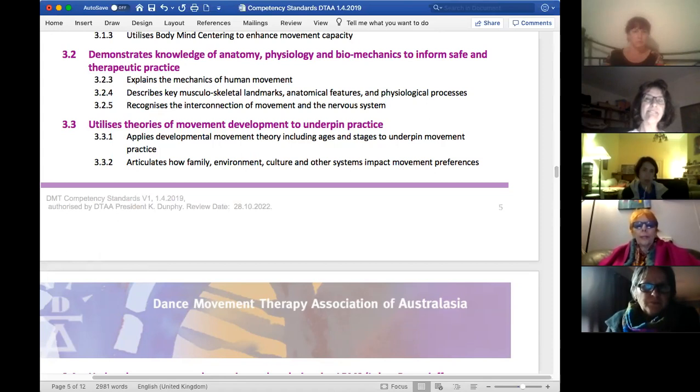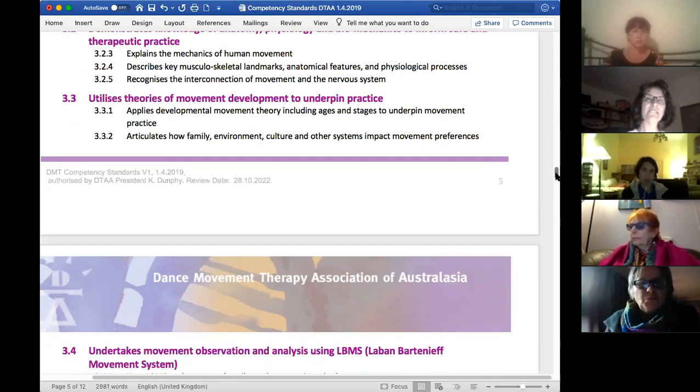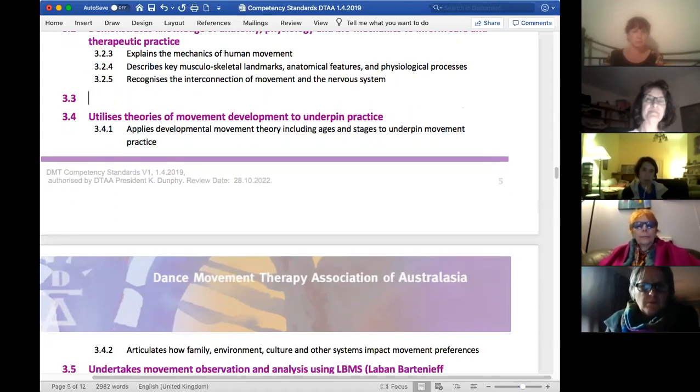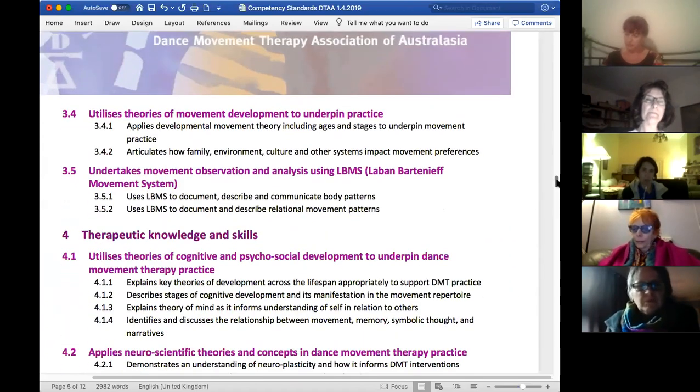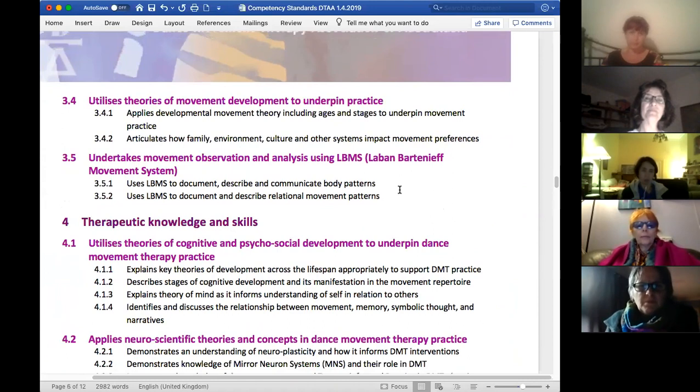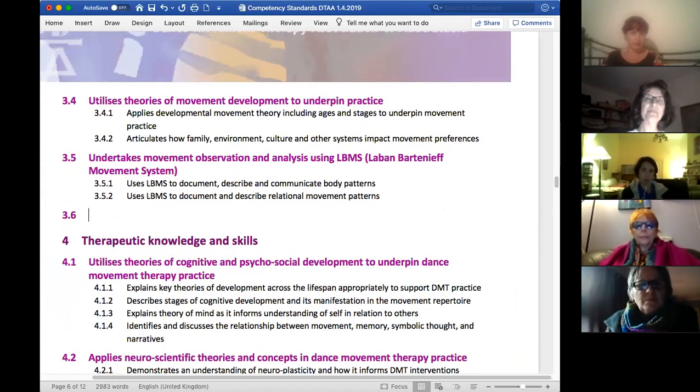The third competency is around the ability to use our developmental movement to underpin practice. So there's an important need to be able to apply developmental movement theory. We'll get to some of that in number 4.